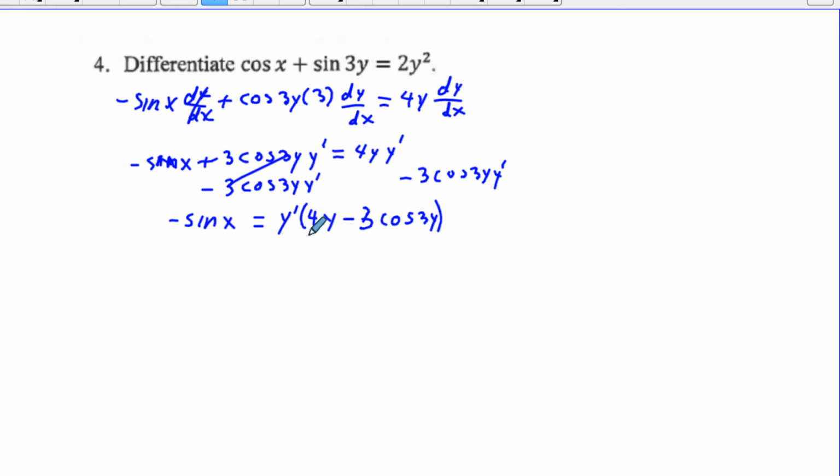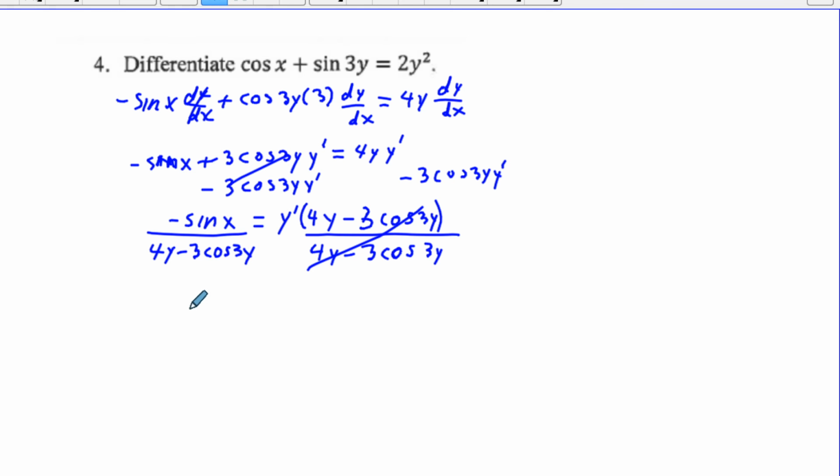So there we have that, and then we can divide both sides by 4y minus 3 cosine 3y, and we do the same thing on the other side, 4y minus 3 cosine 3y, and these will cancel out here.